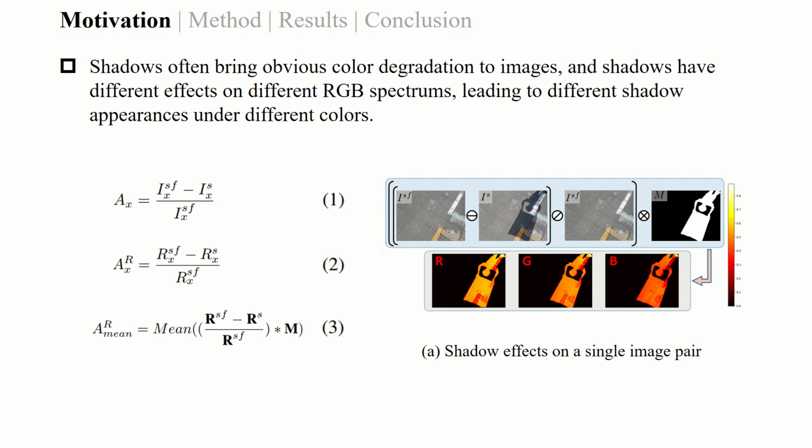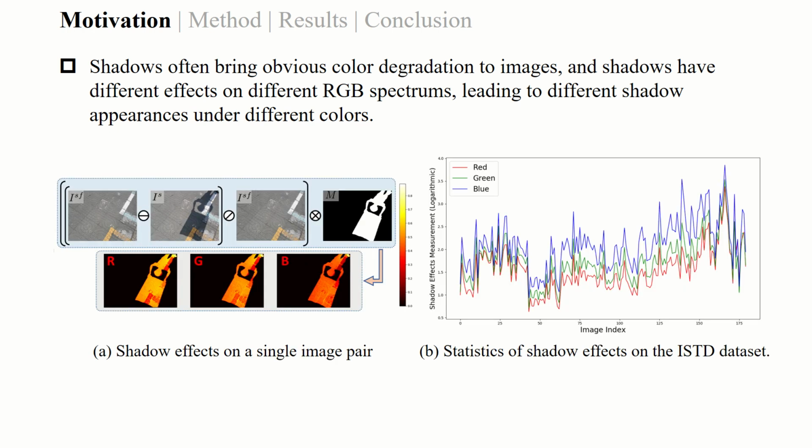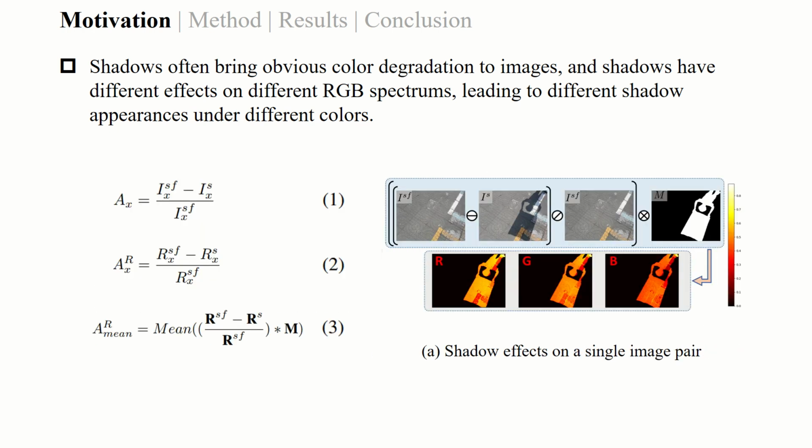Second, we noticed that shadows often bring obvious color degradation to images, and shadows have different effects on different RGB spectrums. For a single image, we could obtain the different shadow effect appearance under different colors with equation 1 and 2.